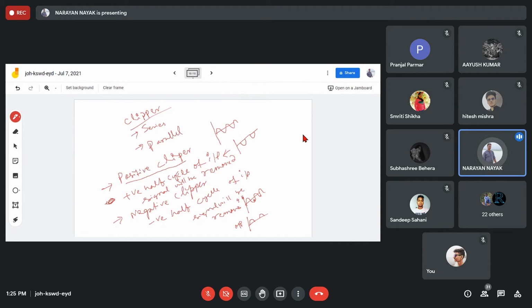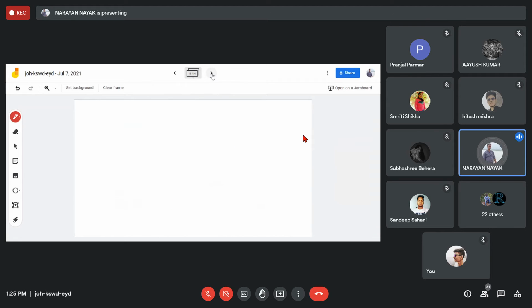But this clipper circuit generally is in two categories. Sometimes we are using a series clipper or parallel clipper. Now we are using the diode as a clipper. Understood? Let us say we are having a positive series clipper. What is the meaning of this?